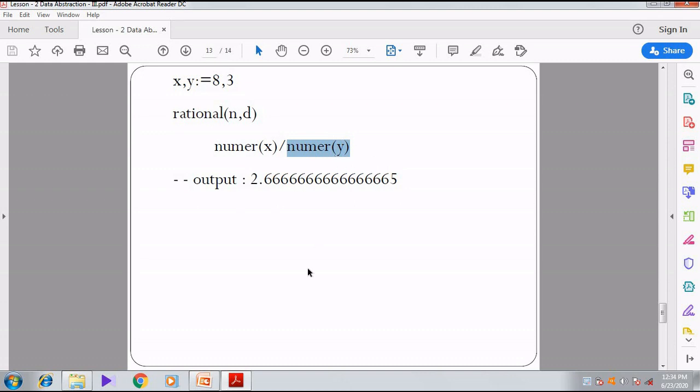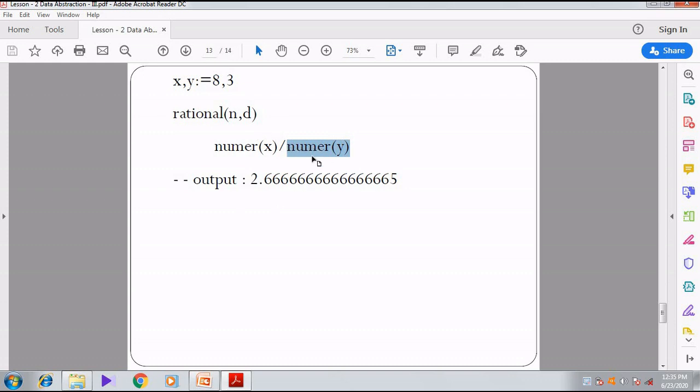It is printed in a wrong manner, so you just change it: numerator of x slash denominator of y. You change it in your book as well as in your content.